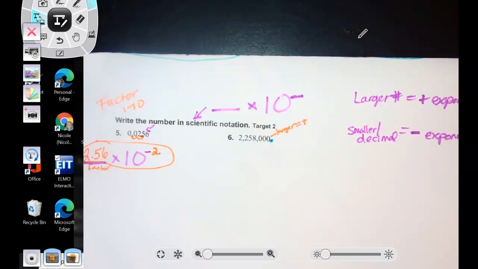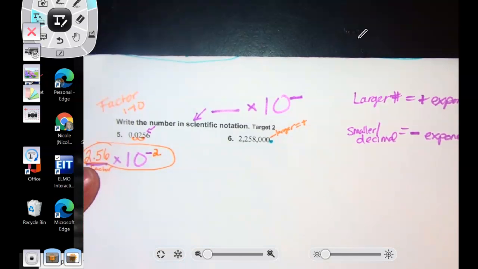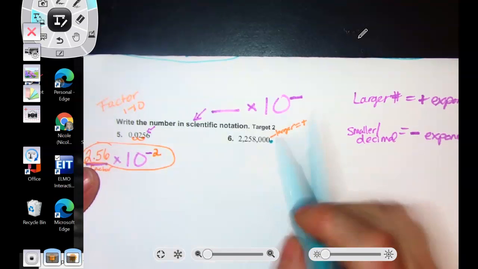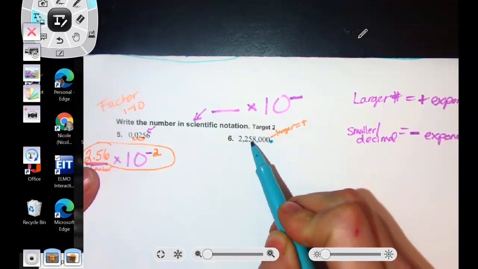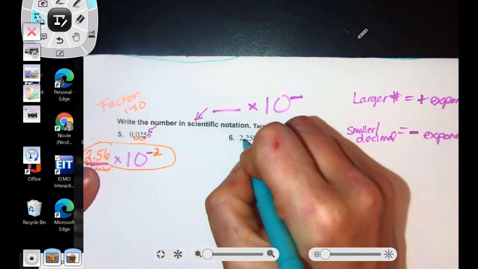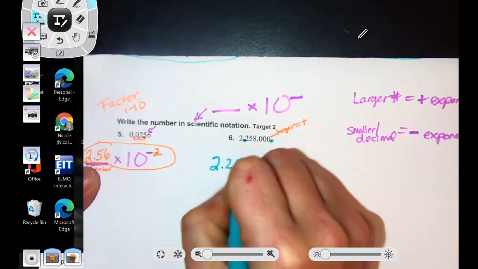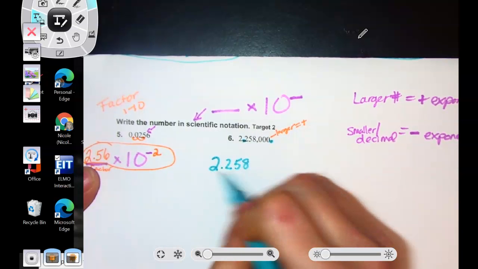So now I need to think to myself, where do I want to put the next decimal point so that it's a factor between 1 and 10? If I look back, I don't want to put it between the 5 and the 8 because I'd have 225. So if I go back, I know it has to be right here. I need it to be 2.258. That's the only thing that makes sense.